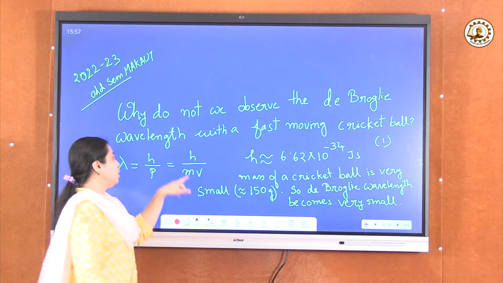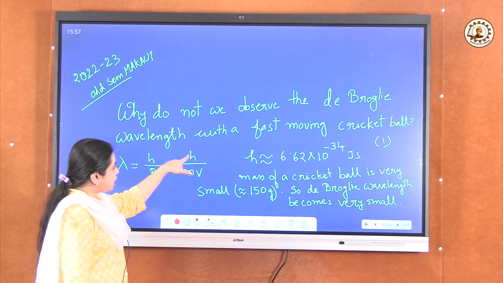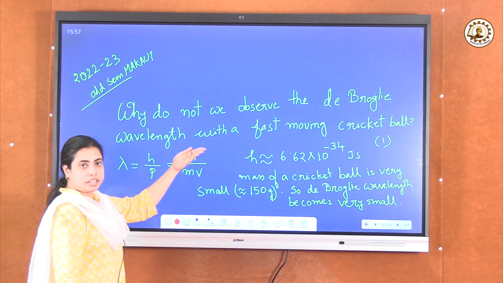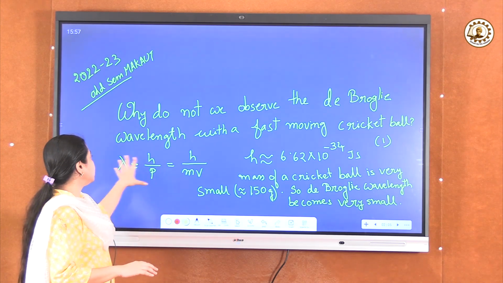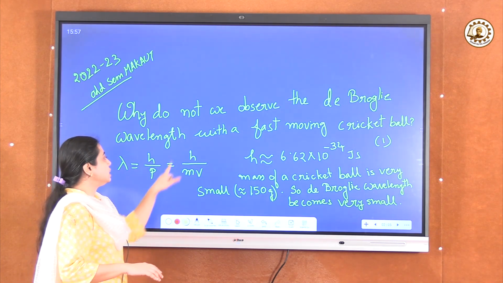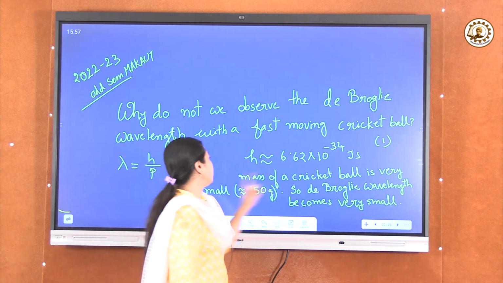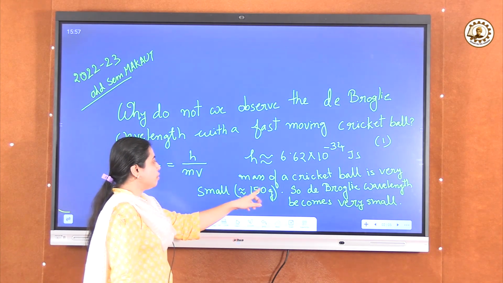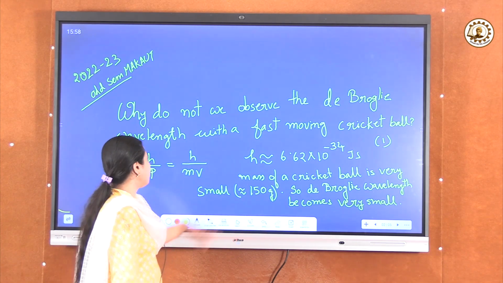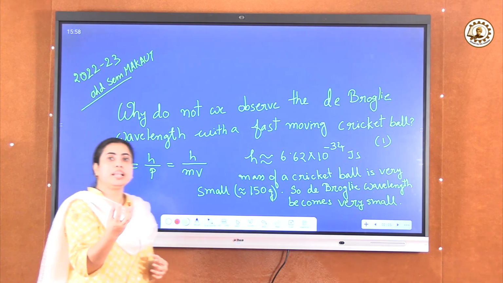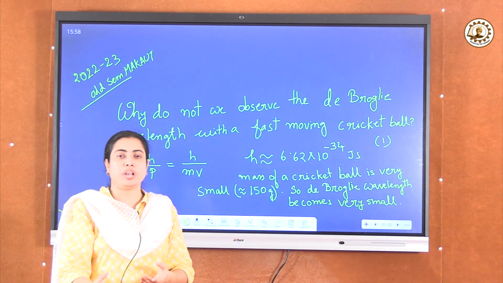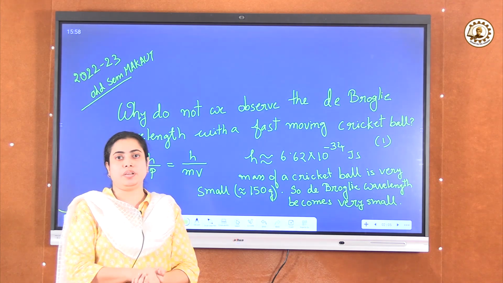So it cannot balance. If we consider that the mass of the cricket ball is 150 gram, what will happen? The de Broglie wavelength value will become very small, so small that it will be negligible.